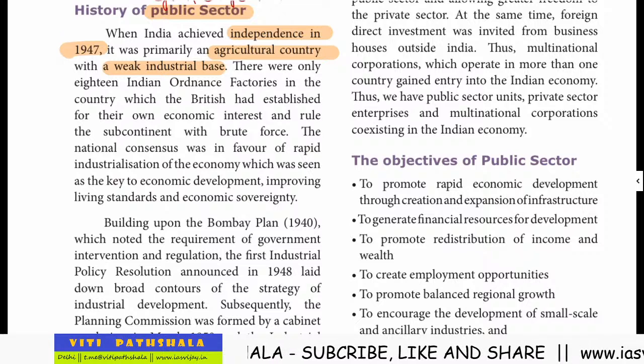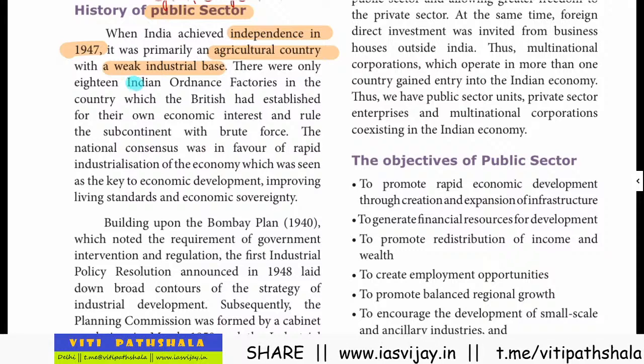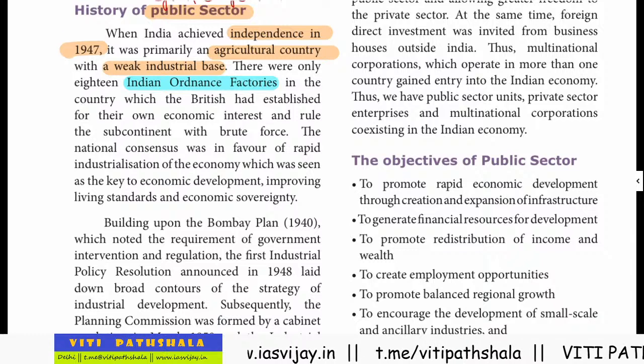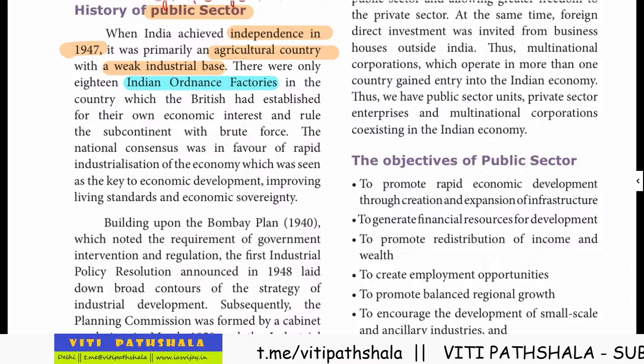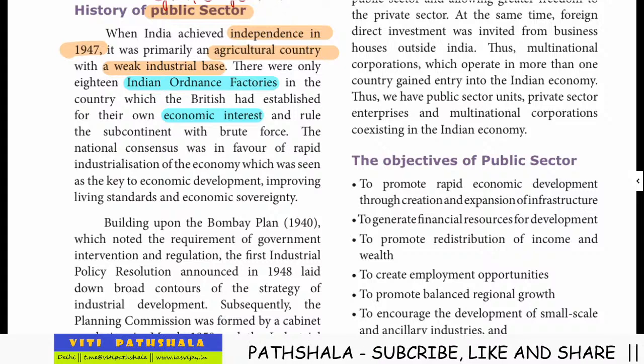There were only 18 Indian ordnance factories in the country, which the British established for their own economic interest and the rule of the subcontinent by brute force.